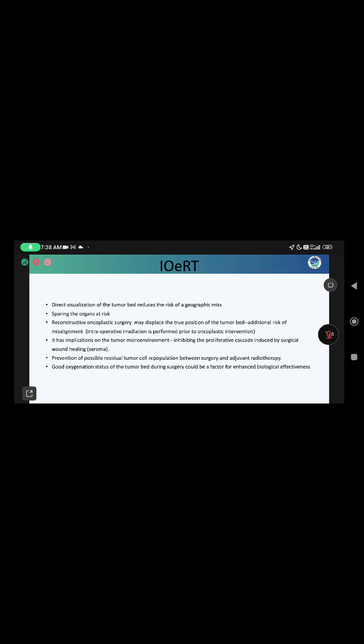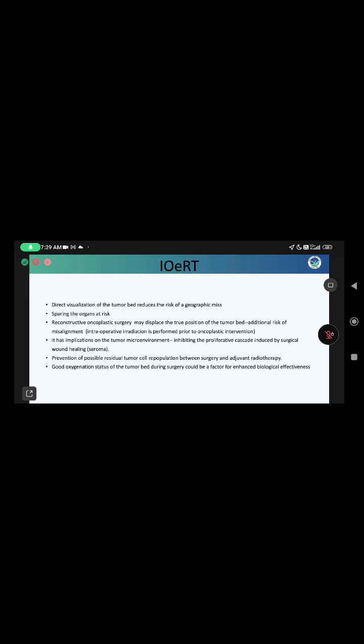Because of this proliferative cascade, there is a chance of repopulation of these microscopic cells present in this tumor bed, and the number of cells which have to be targeted with adjuvant radiation at a later date might be high. So when we give a very high dose of radiation during the surgery, we can negate this proliferative cascade so that it prevents the repopulation of the cells during this waiting period for adjuvant radiation.